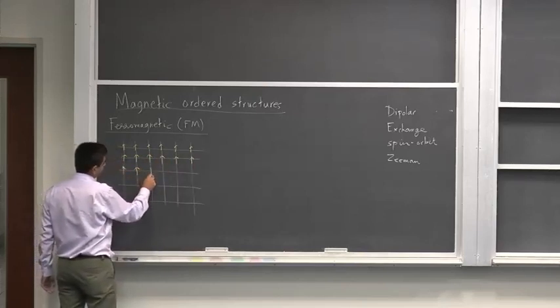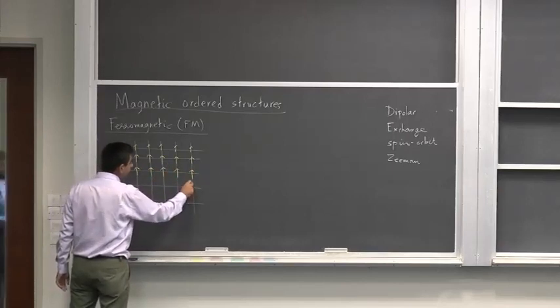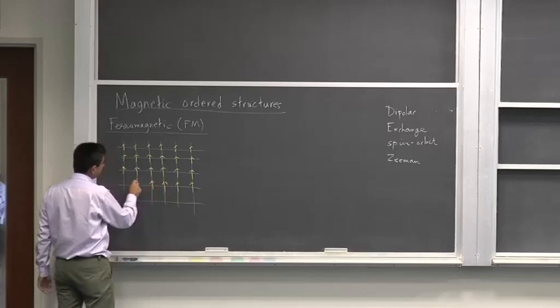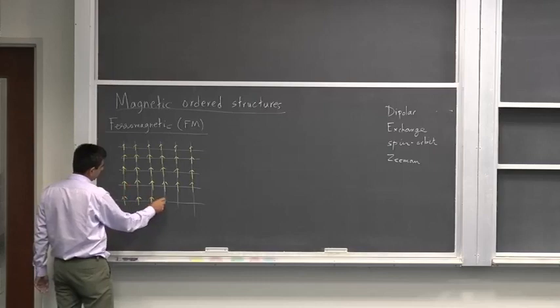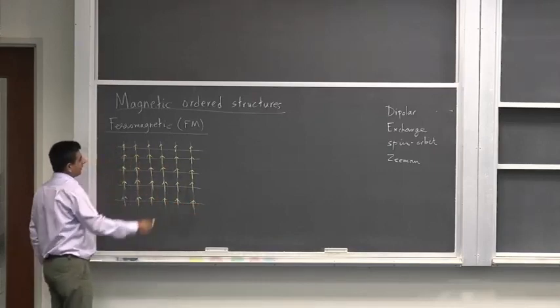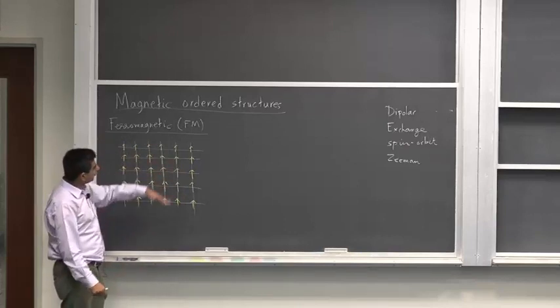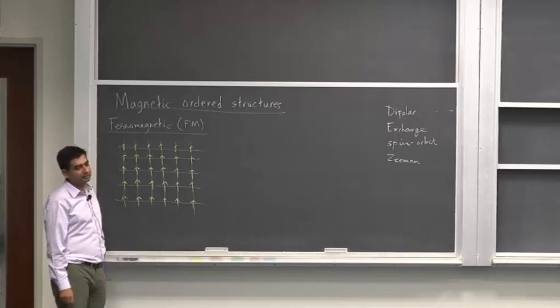These are localized spins. Remember, we've discussed localized spins in detail, and we've also looked at magnetism due to delocalized or free electrons. Now, for the time being, this kind of ordering in which the spins are localized on different lattice points and all of those spins are pointing in the same direction represents ferromagnetic ordering.